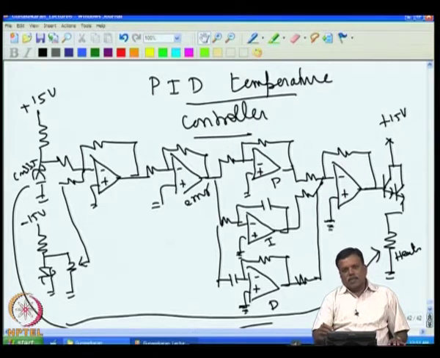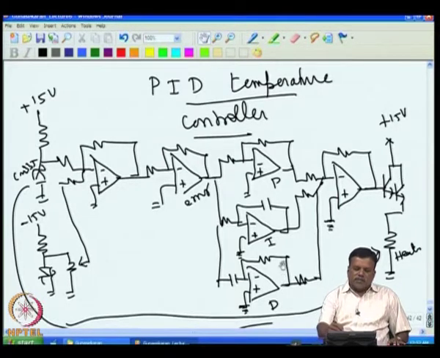In that case, if the response varies slowly, then the system becomes very sluggish; it will not go to the set value quickly and will take a long time. To avoid that, it is essential that we have a differentiator. This makes the system very fast.